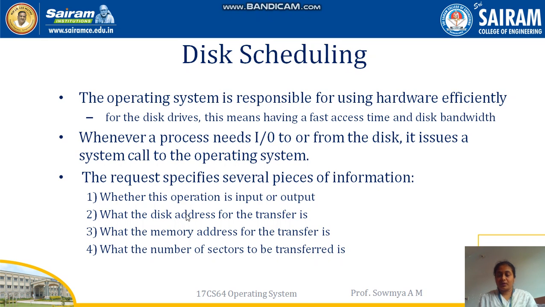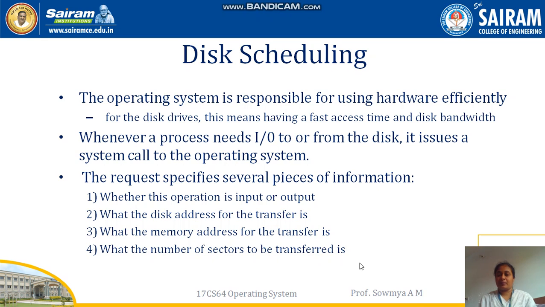To get the information from the disk, we need several pieces of information. First, what you are doing on the disk, an input operation or an output operation. Then the disk address for the transfer, which means you have to provide a proper disk address. The memory address means which platter you are using, and which track you are using. Then the number of sectors to be transferred.